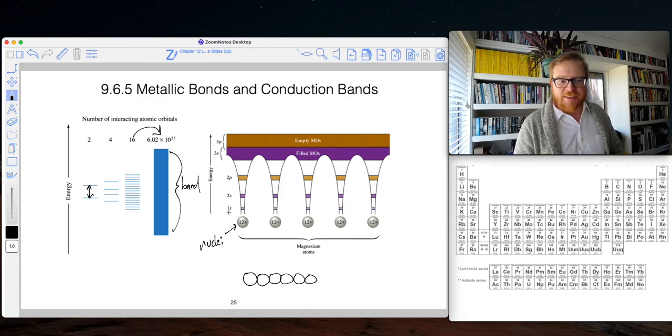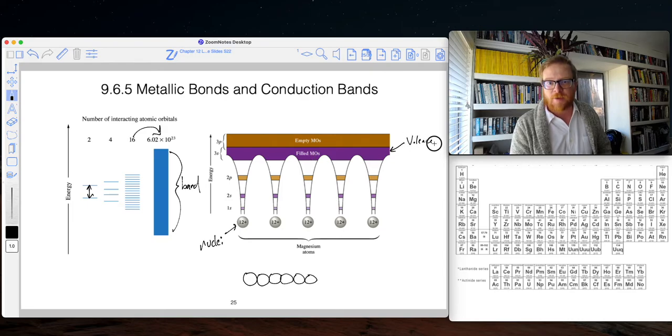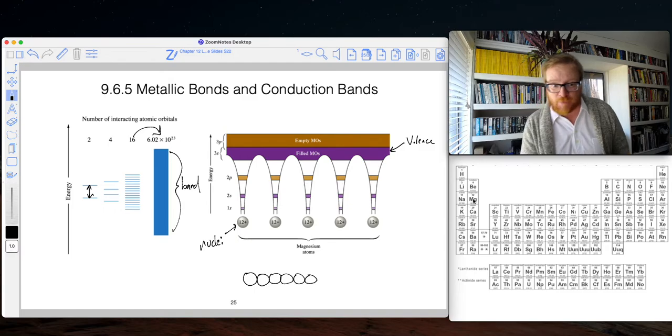And here now we can see our atomic orbitals, 1s, 2s, 2p, etc. And as we go higher up on those scales and get to the valence band, so that's the filled molecular orbitals, so that's valence. And so, for example, our magnesium right here, that would be into the 3s level. So you can see here's magnesium, 1s, 2s, 2p, 3s. And so there's our 3s layer. So there's our valence electrons.